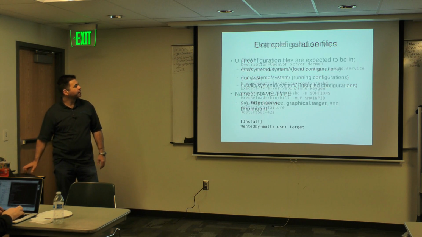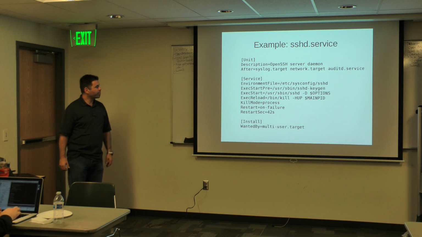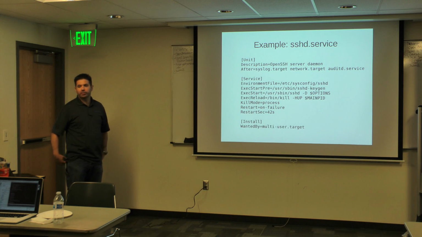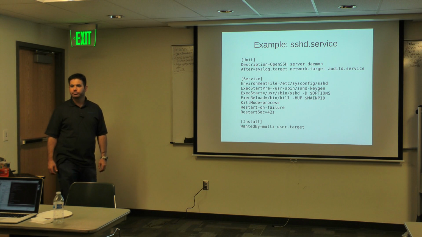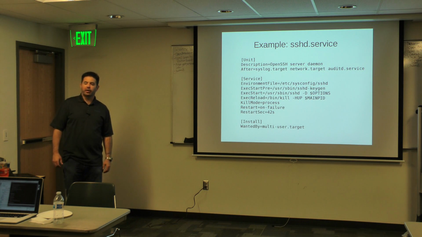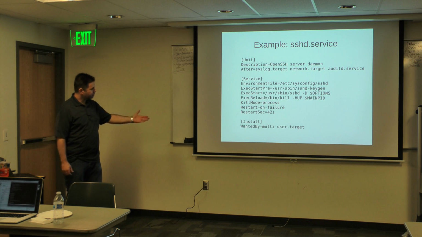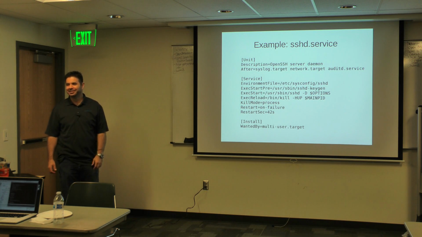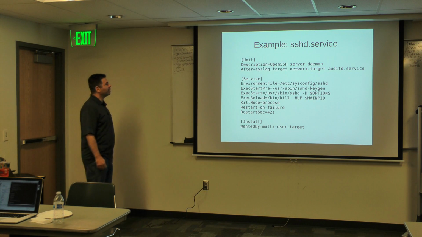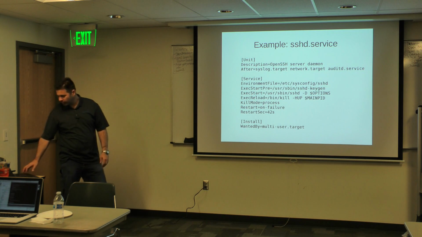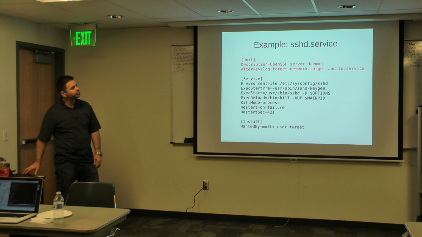So let's look at an example. Here's a service that runs the OpenSSH server. I don't know if you've ever looked at the OpenSSH init script, but it's not 12 lines long. So let's walk through this quickly, and it won't take very long.